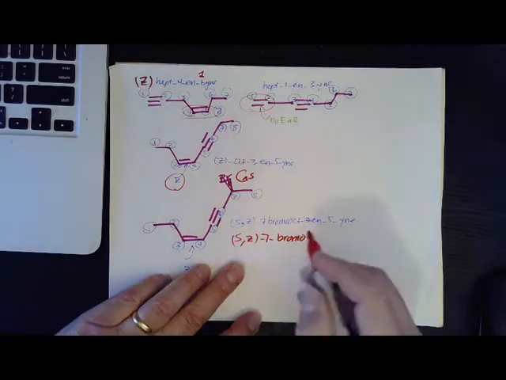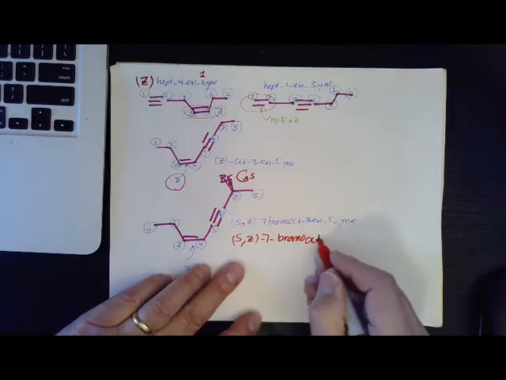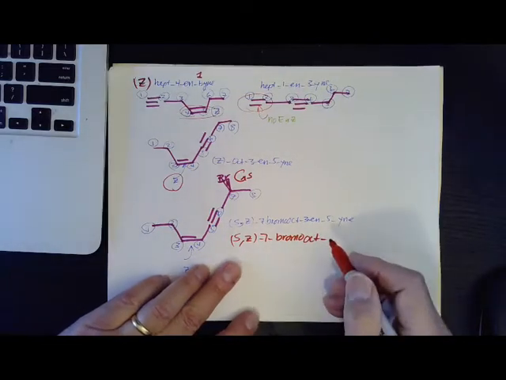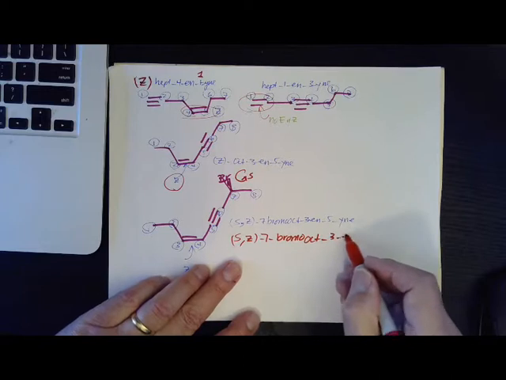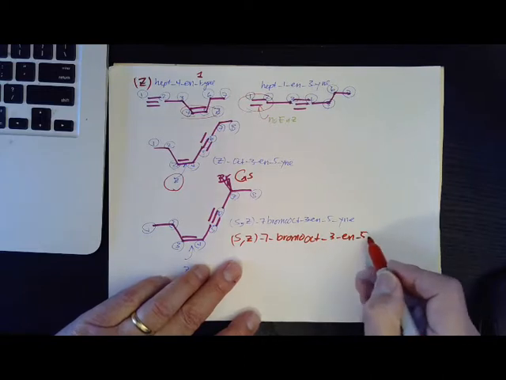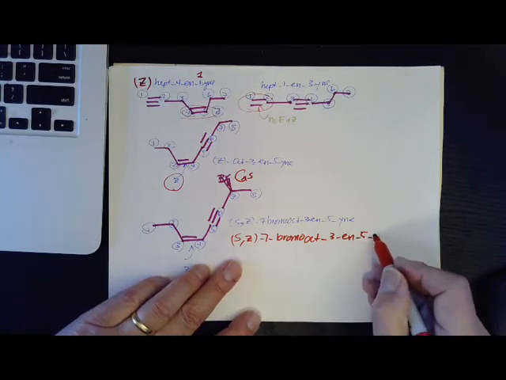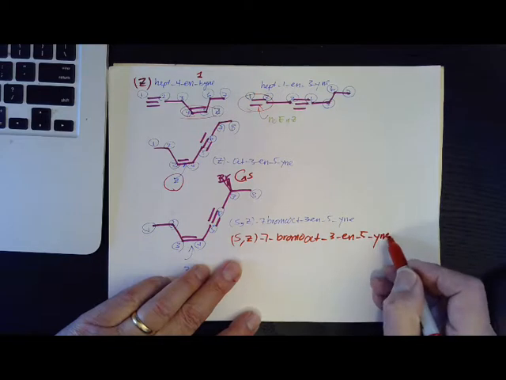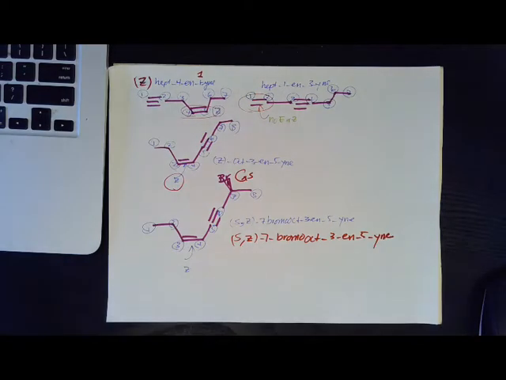We have 8 carbon, so oct. Then we have the double bond, 3 ene and 5 yne for the alkyne. So this would be the name for this structure. Again, the double bond takes a lower number than the triple bond.